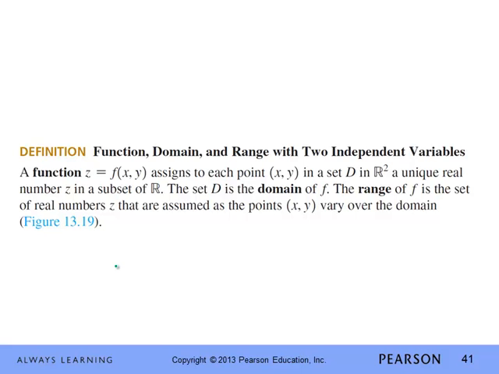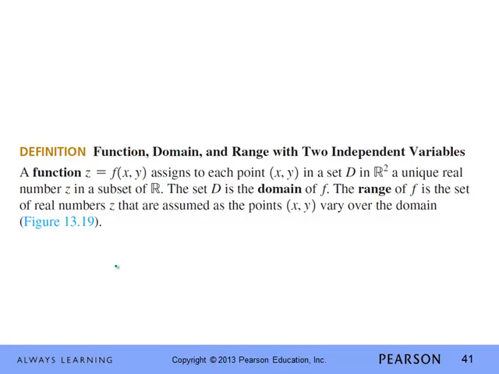We can also talk about domains in the same sense that we did for the single variable equation. Remember that the domain is the set of allowable inputs into the function.